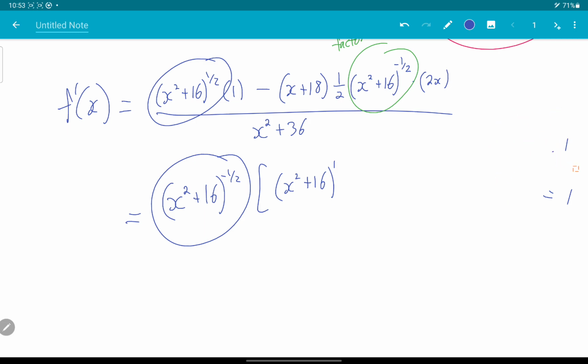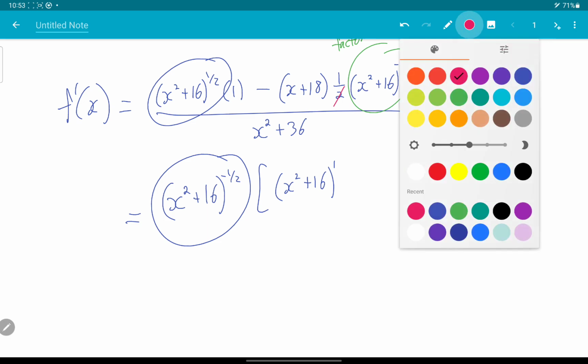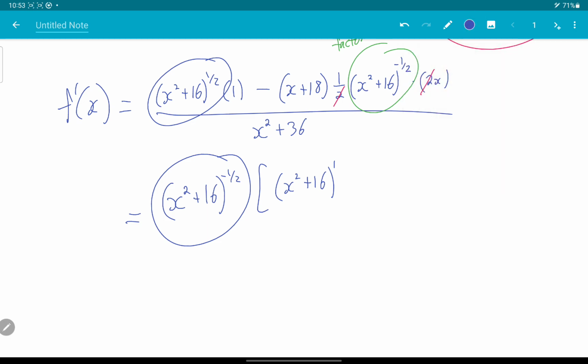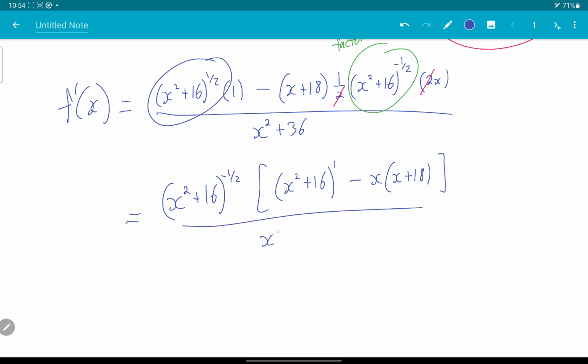Now, continuing with my factoring, I see this 2 here can cancel this 2 here, so why don't I do that? And what's surviving? Looks like minus x plus 18. Okay, now in the square bracket, I'm just going to expand and collect like terms.